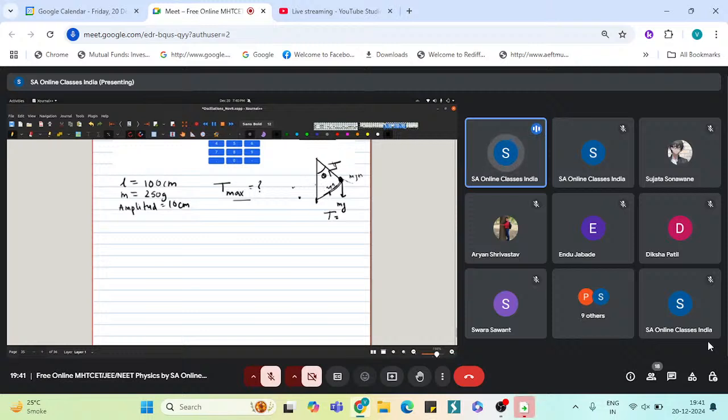So the straightforward answer to that is the maximum tension in the string will be at the mean position, because as you can imagine, here the bob is directly facing downwards, and both components of mg are facing downwards. Here you can say tension is compensated by only the cos component of mg, but here because theta is 0, the entire contribution of mg is in the vertical direction, which means it is in the direction of tension.